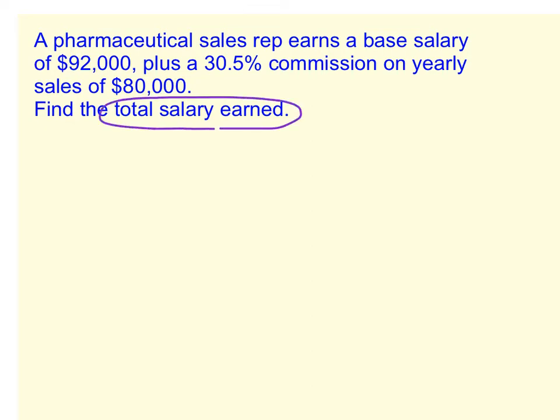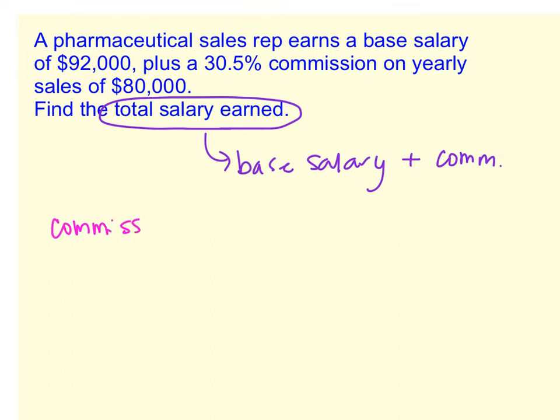So the total salary is going to be the base salary, because basically this sales rep gets the base salary regardless of how much they sell. And then they have the base salary and they add onto it whatever they earned in their commission. So the first thing we want to do is find the commission, because that's what we don't know. We already know that the base salary is $92,000.